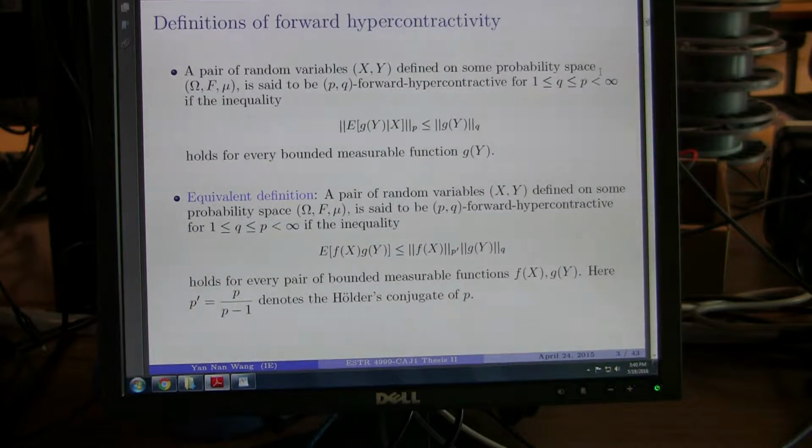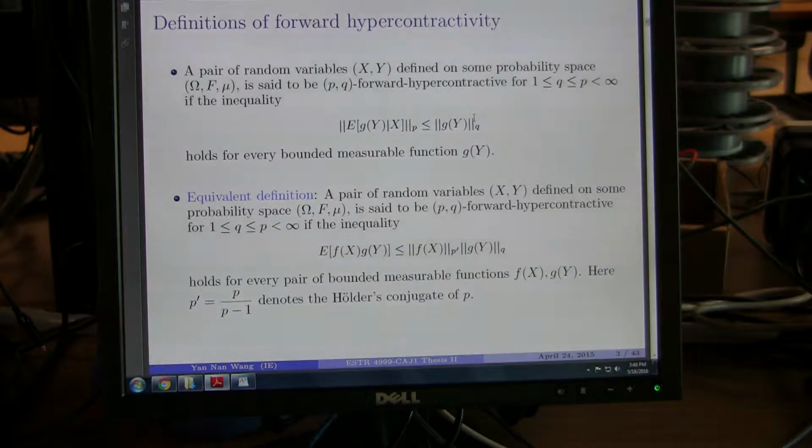First, let me introduce to you some definitions of forward hypercontractive region. Here is the definition for forward hypercontractivity. A pair of random variables X, Y defined on some probability space is said to be (p, q) forward hypercontractive for p greater than or equal to 1 if this inequality holds for every bounded measurable function g(y).